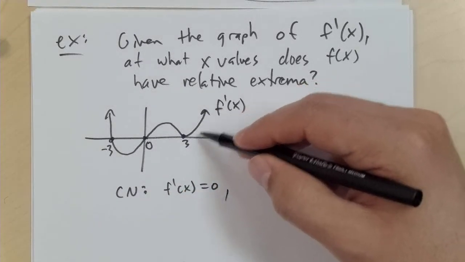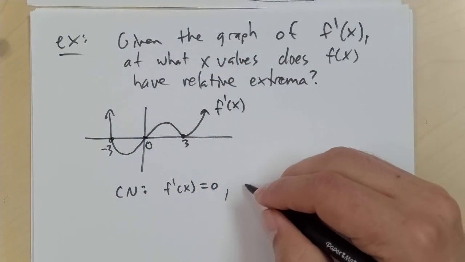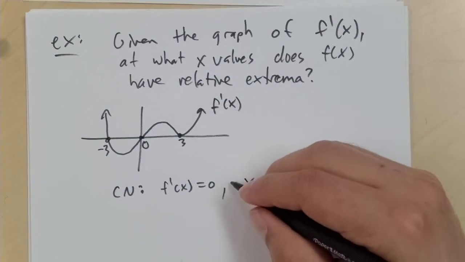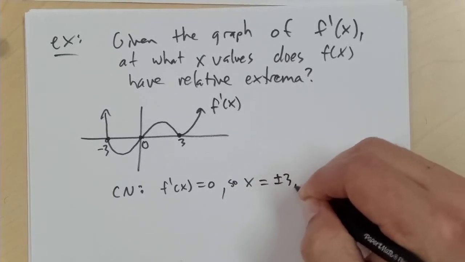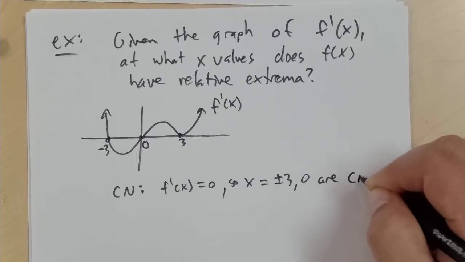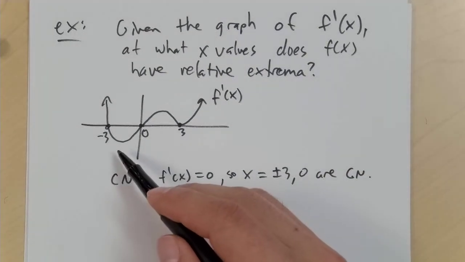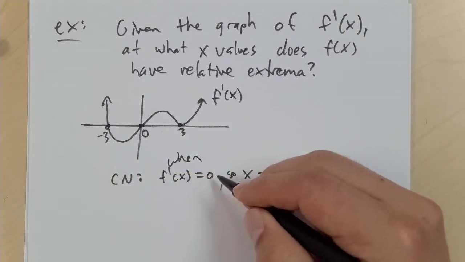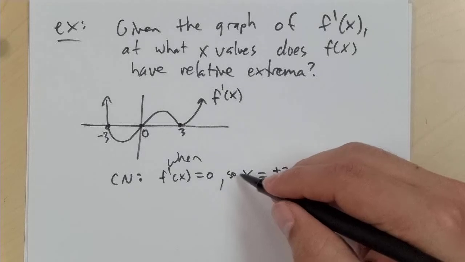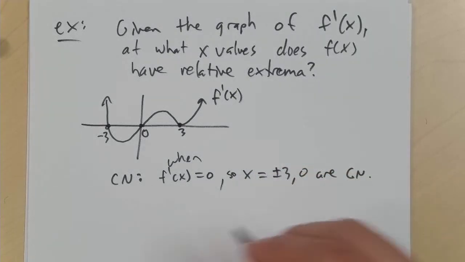So anytime this derivative hits 0, so right here at -3, 0, and 3, this means that x equals plus or minus 3 and 0 are the critical numbers.